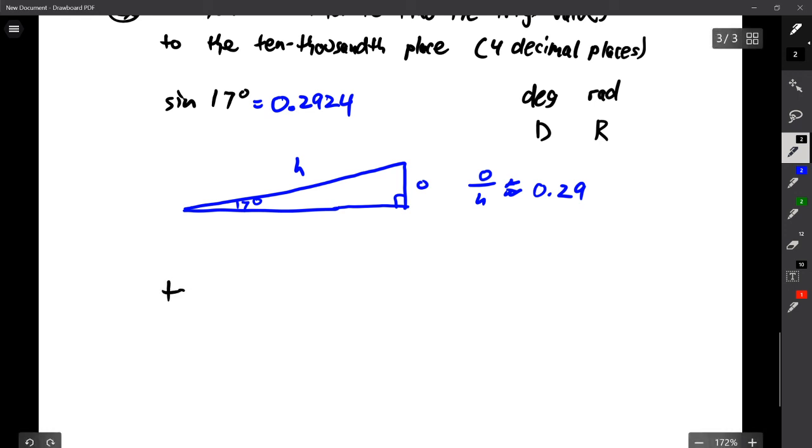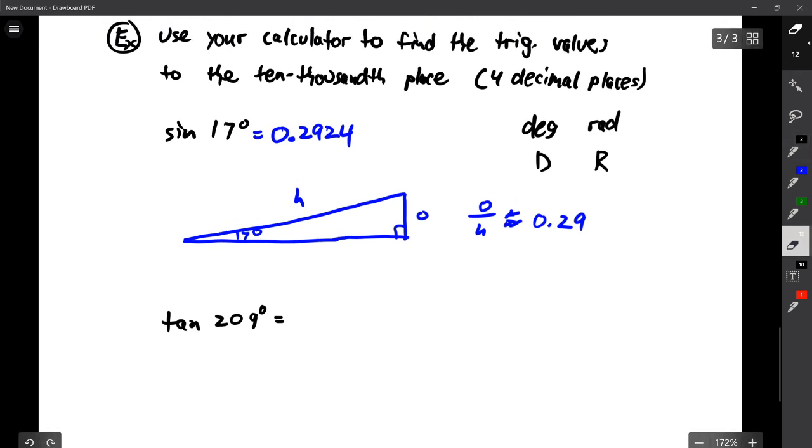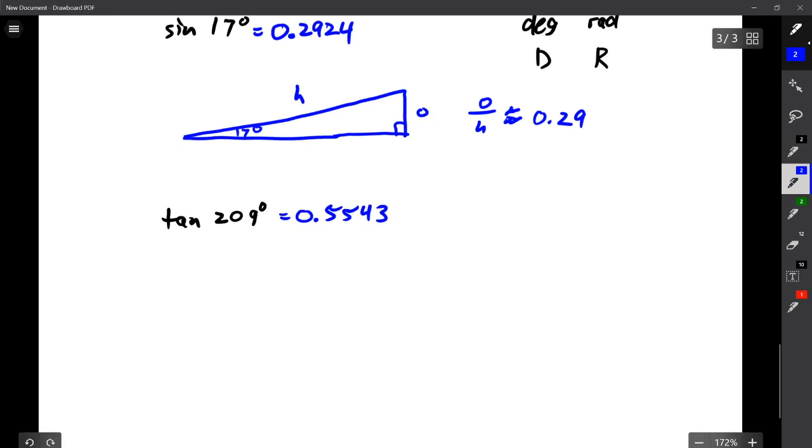So let's say we did one where we're dealing with the tangent of 209 degrees. Again, calculator, I hit the tan button, 209, enter, and I get blue for my work. I get 0.5543. That's my answer. And one more.